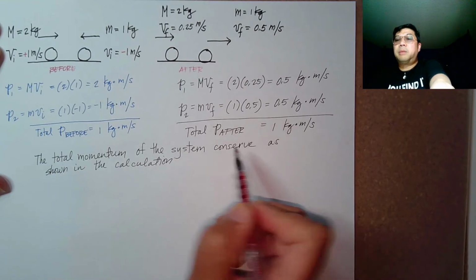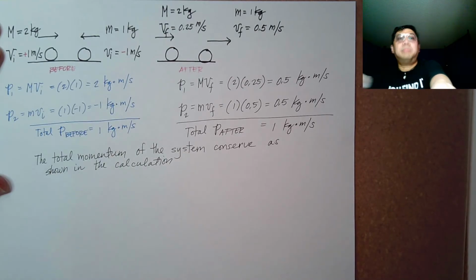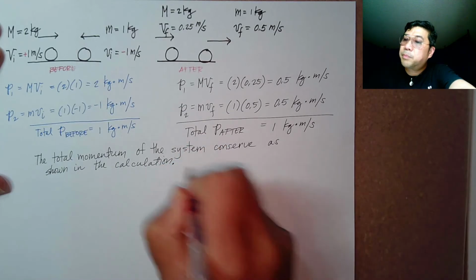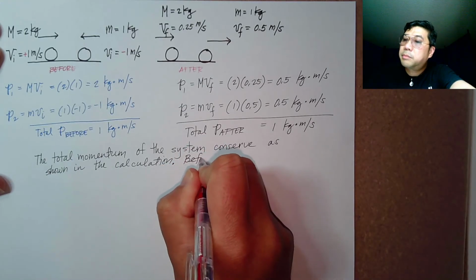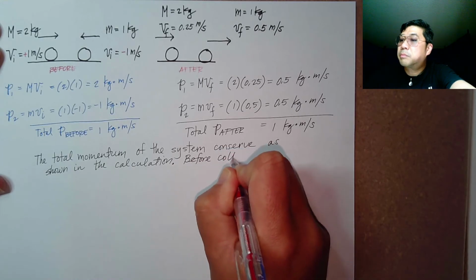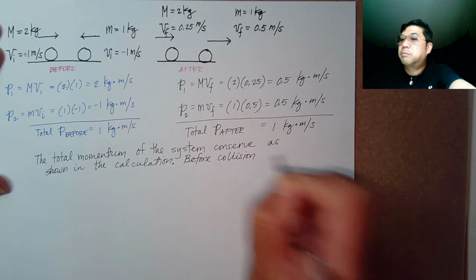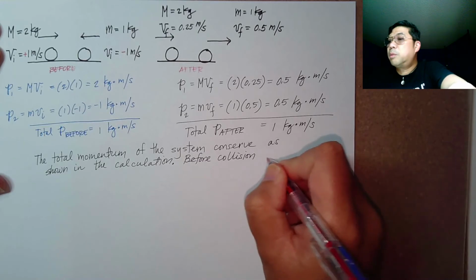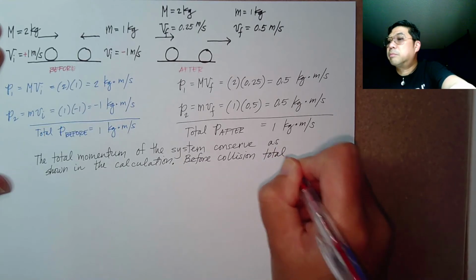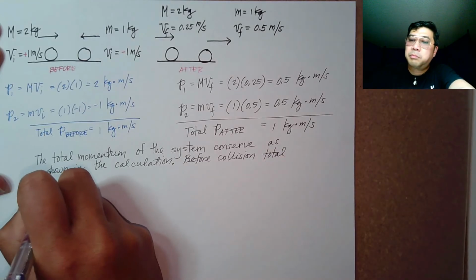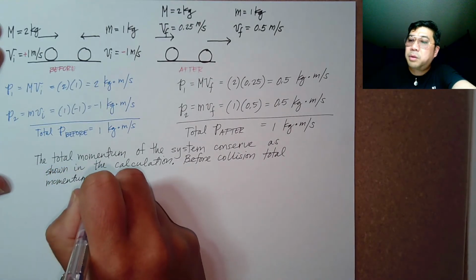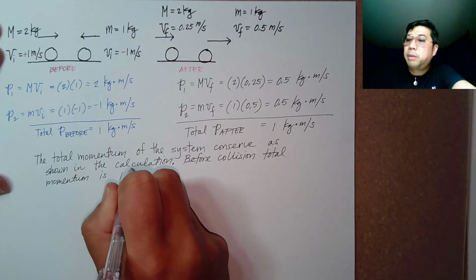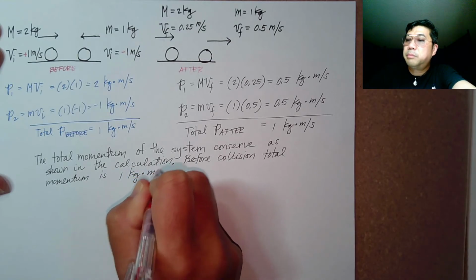Before collision, the total momentum is 1 kilogram meter per second.